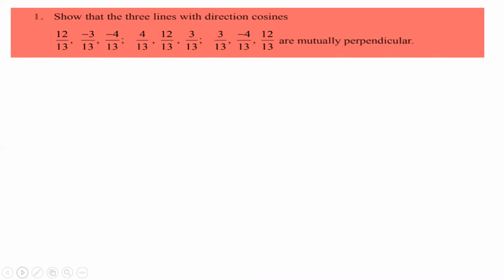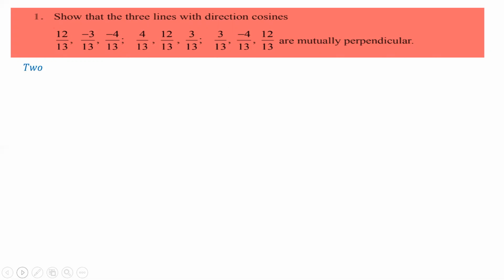Show that these three lines with these direction cosines are mutually perpendicular. So the direction cosines of the three lines are given, and you need to show they are mutually perpendicular. That means the first line is perpendicular to the second, the second is perpendicular to the third, and the third is again perpendicular to the first.